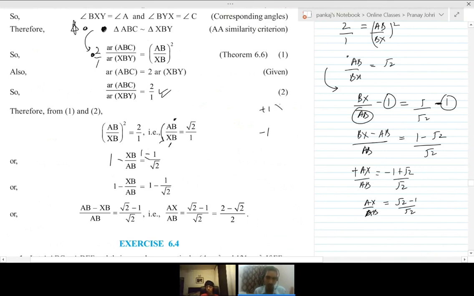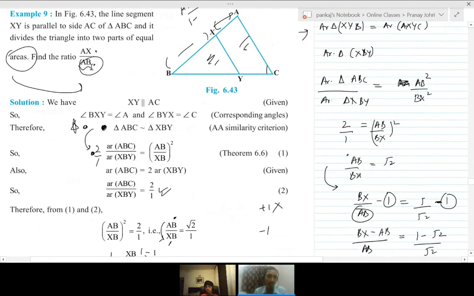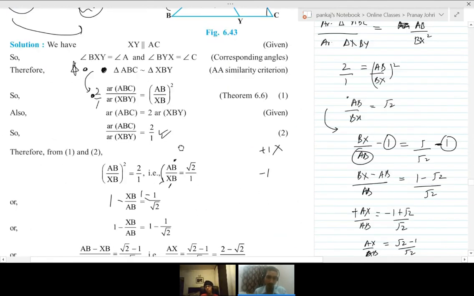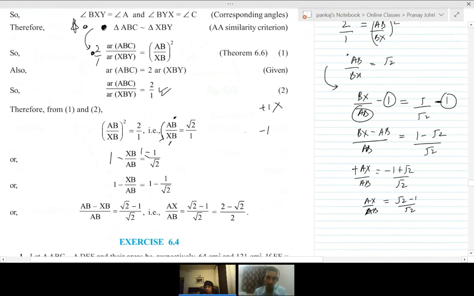That's not needed right now, but we needed to get the other portion of this, so we take minus 1 of whatever this is given, but AB was given in the denominator, so we took AB in the denominator and then did a subtraction of 1. Now on solving, we get minus AX by AB is equal to minus 1 plus root 2.